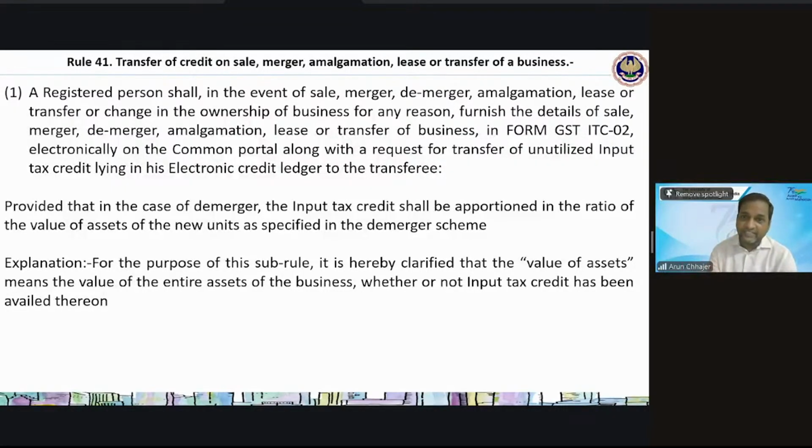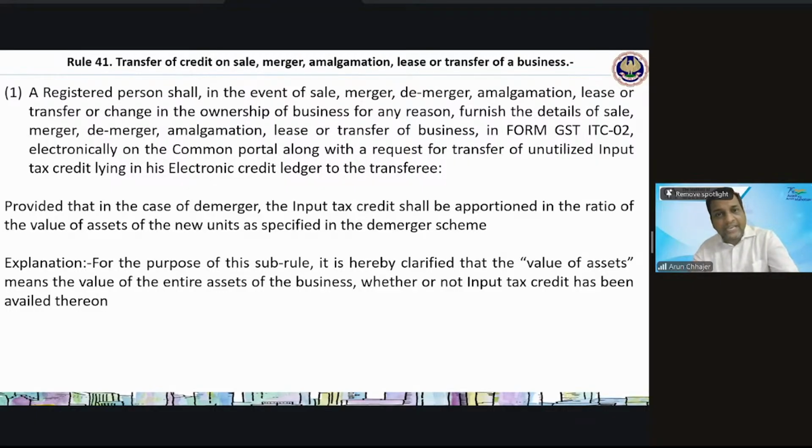Rule 41 says that you need to furnish ITC 02, with a request for transfer of the unutilized ITC in the credit ledger to the transferee. So I am a transferor. I have sold by way of the merger, amalgamation, demerger, lease, transfer of the business to Mr. B. Then I can transfer the ITC through ITC 02.